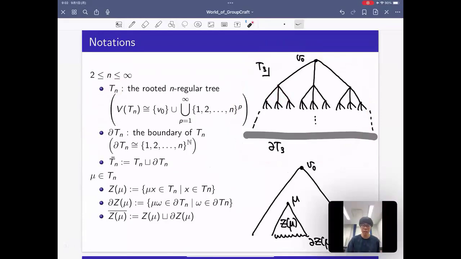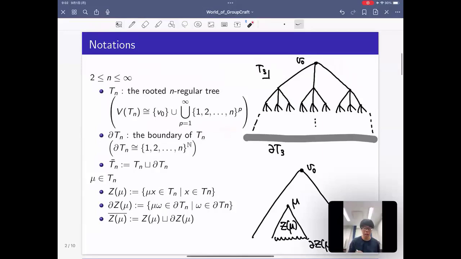The set of vertices of the tree can be identified with the finite words on n letters. For instance, this vertex can be described as 1, 2, 3, 2, 1. And V0 corresponds to the root, right?